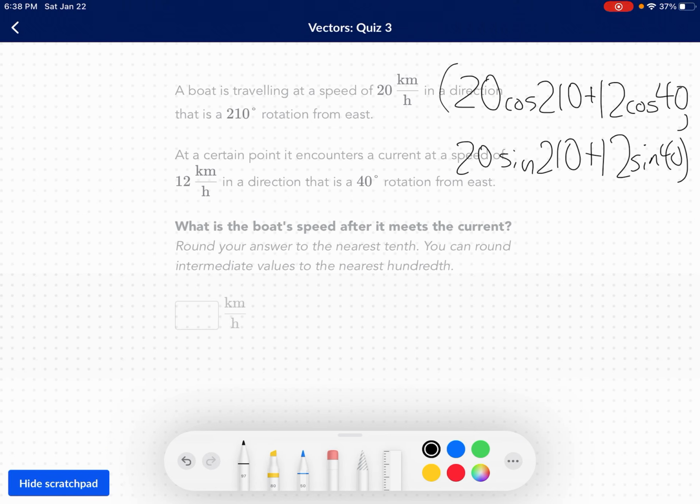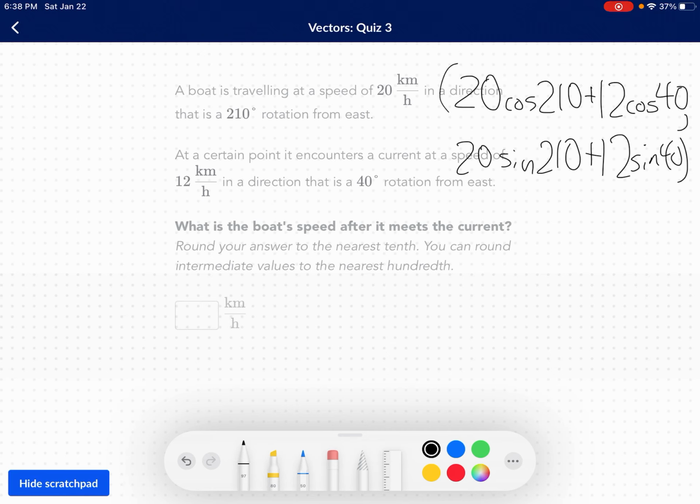So I'll square both of them because we're finding the magnitude here, add the squares, and take the square root of all of that. I get that the magnitude is approximately 8.44 to the nearest hundredth.